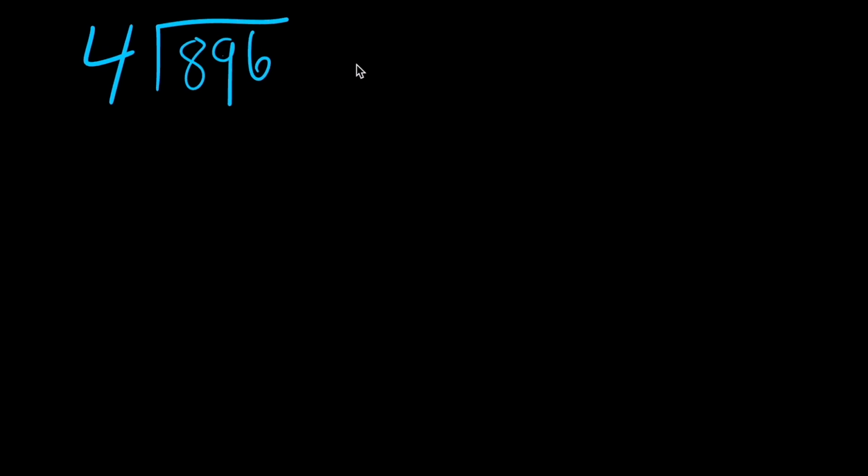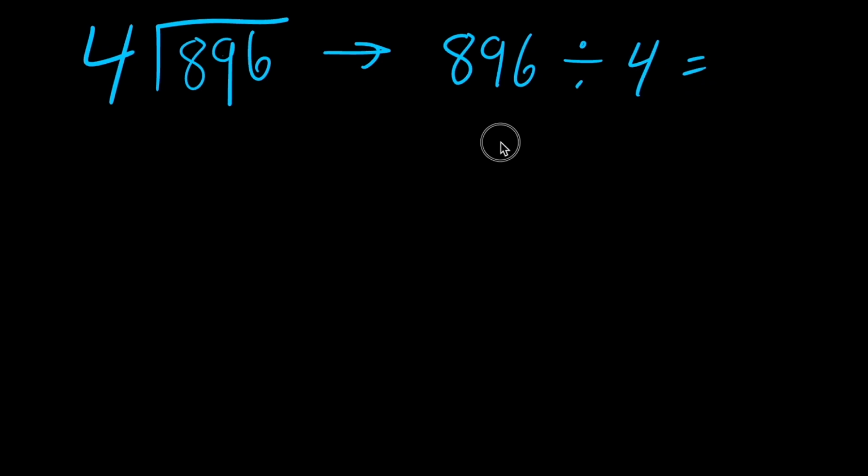Let's begin solving 896 divided by 4. Sometimes you'll see it written like this: 896 divided by 4 equals. So this will be your dividend. This will be your divisor.